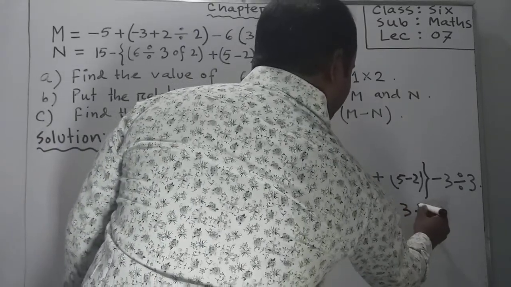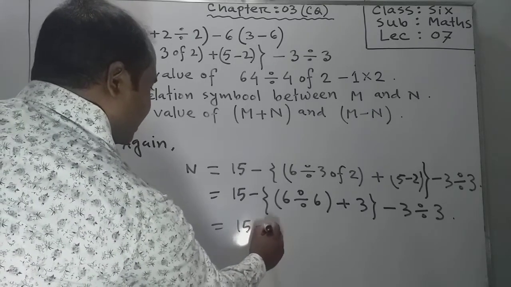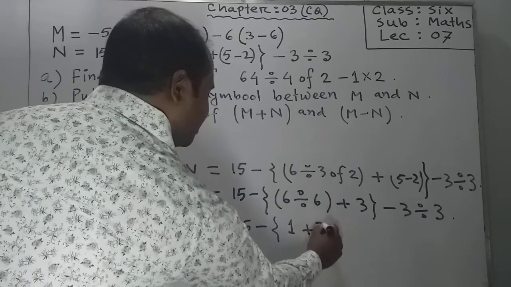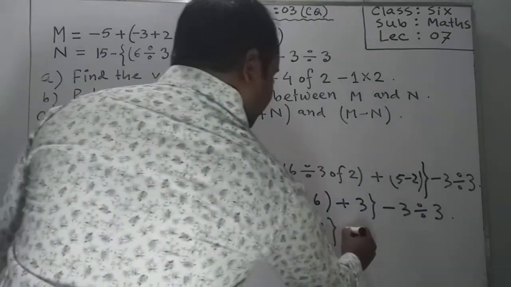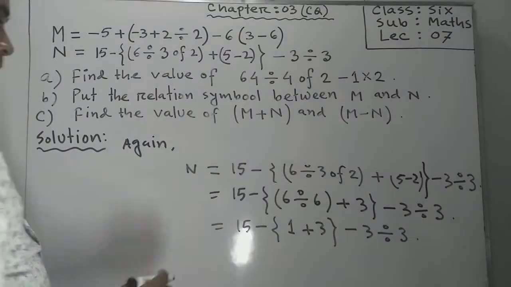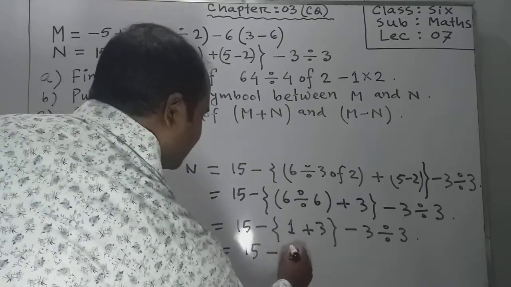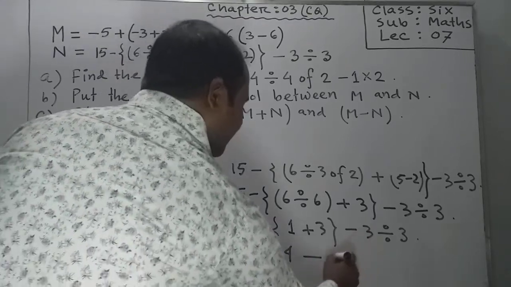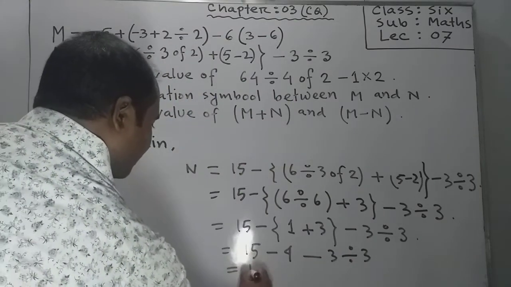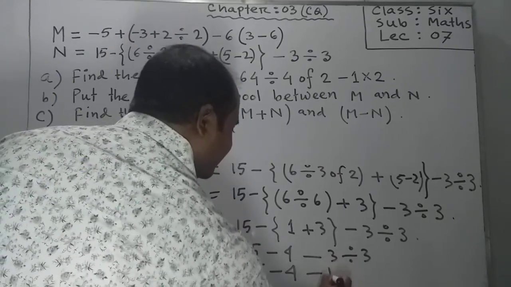Minus 3 divided by 3. 6 divided by 6 is 1, 1 plus 3 is 4, minus 3 divided by 3 is 1.